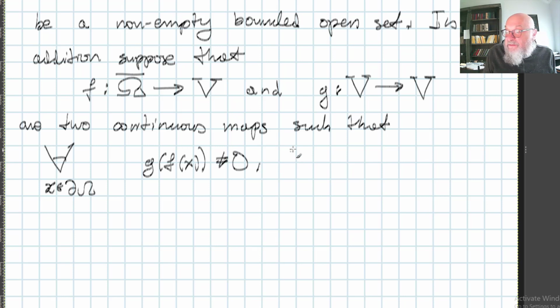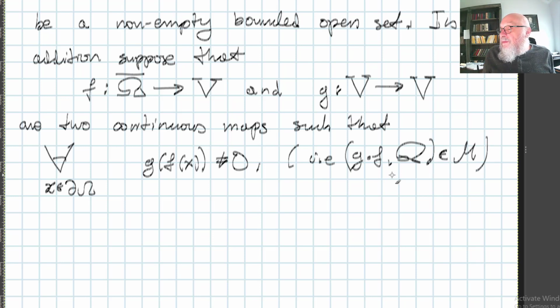That means simply that the composition G and F and omega form an admissible pair.